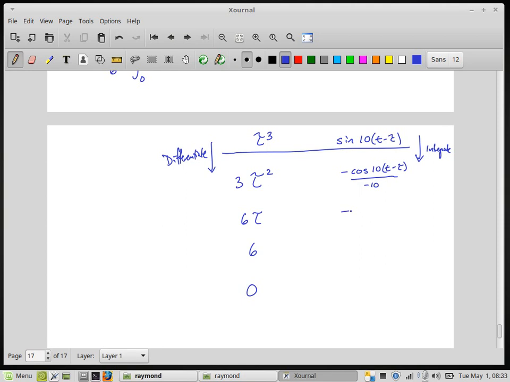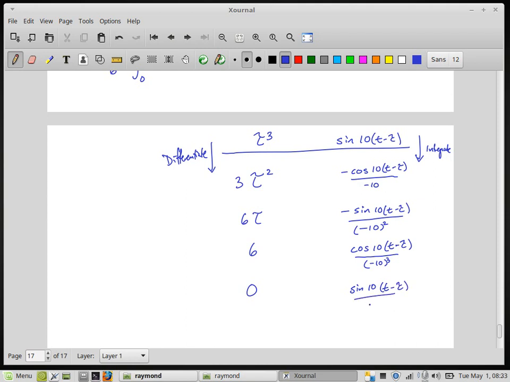We're looking at negative 10 squared here. Change sign again. Hit cosine 10 t minus tau, and negative 10 cubed. And lastly, we've got sine 10 t minus tau and negative 10 to the fourth power.